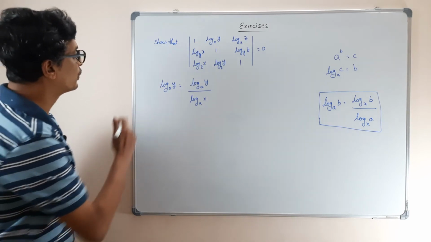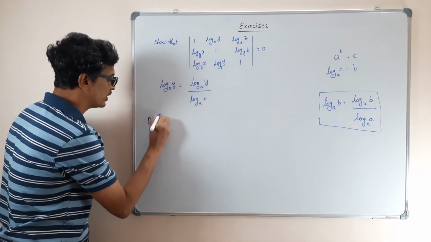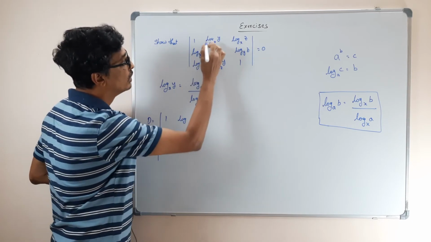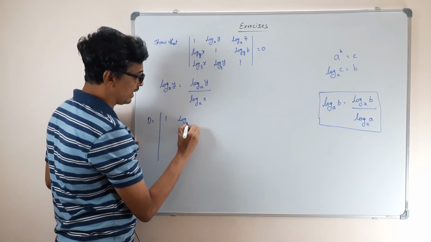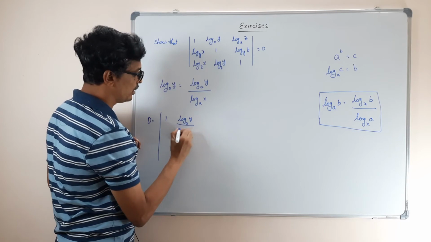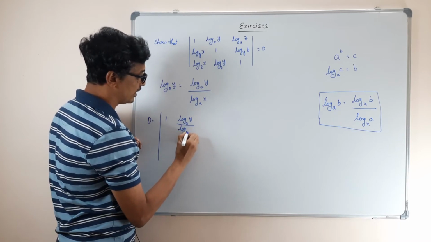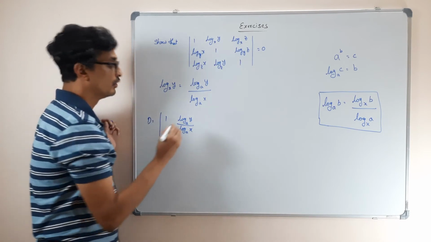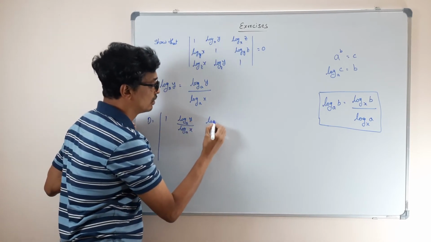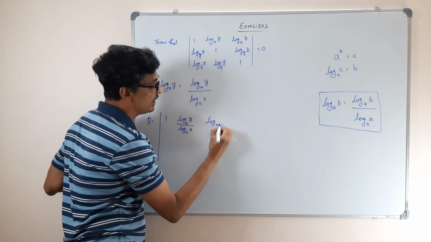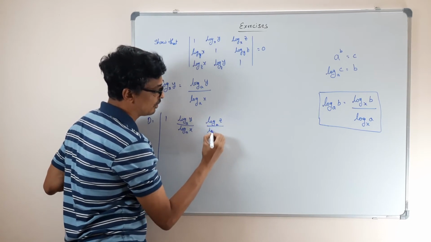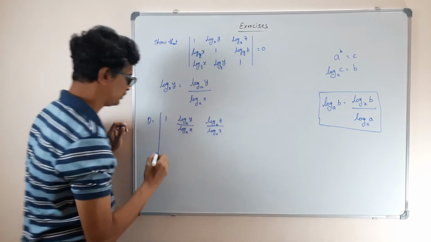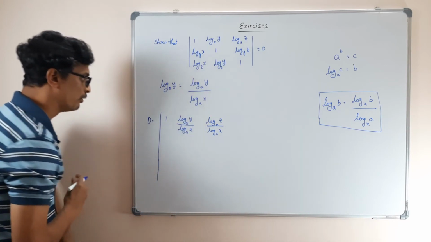So this determinant I am going to write as 1, log base a y divided by log base a x. Am I right? And log base a z divided by log base a x. Okay.